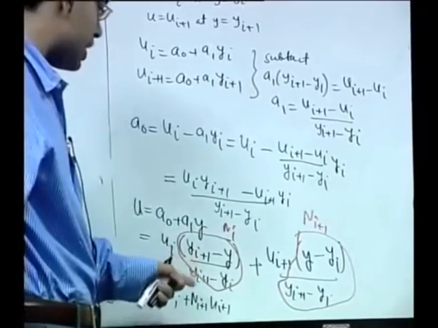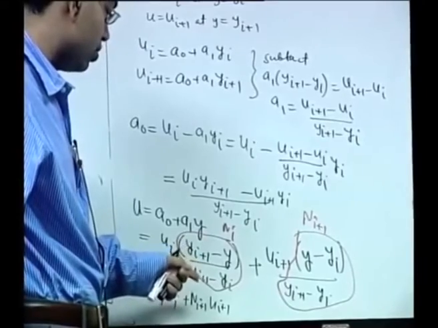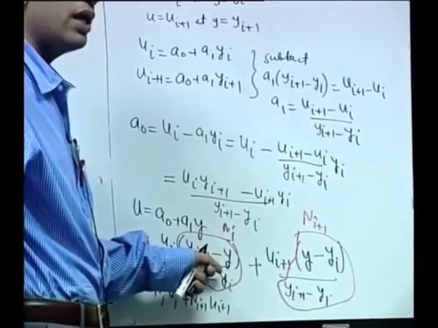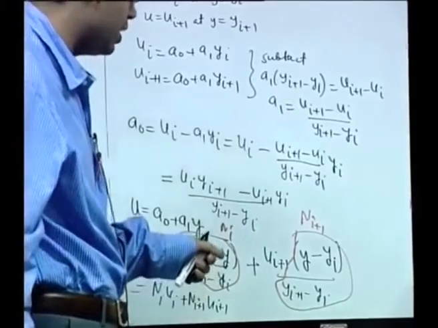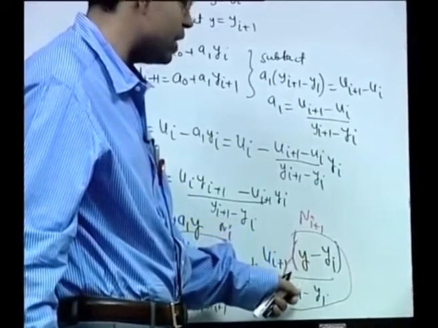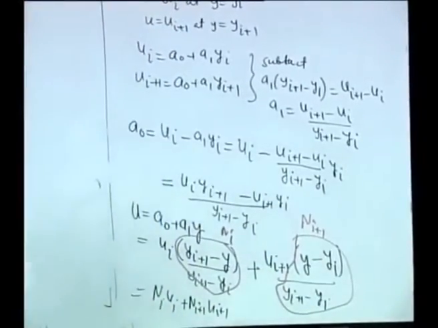To check whether the derivation is fine, N_i should be equal to 1 at y equal to y_i and 0 at y equal to y_{i+1}. Similarly, N_{i+1} should be 1 at i plus 1 and 0 at i.